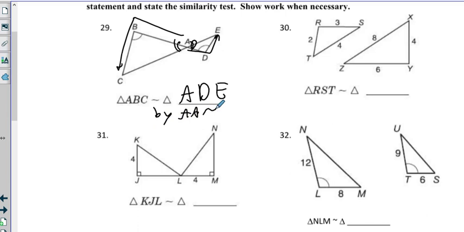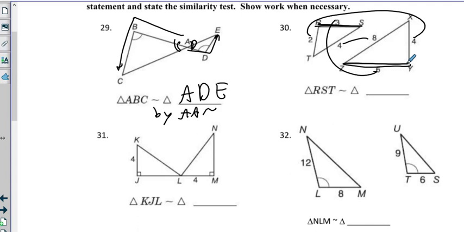Okay, RST. It's kind of confusing because they're spun around. RST. So if you notice, we have double, double, and double. If you want to redraw it, you can. So RS right here corresponds to YZ. Okay?